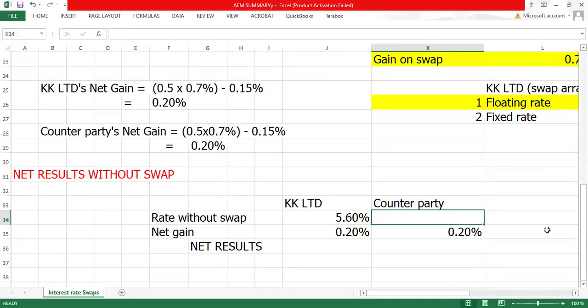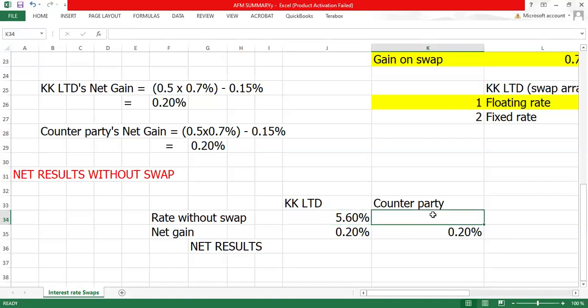So the moment you realize that you are using 5.6, then for the other counterparty, you use the opposite. You don't use the fixed rate, you use the floating rate.